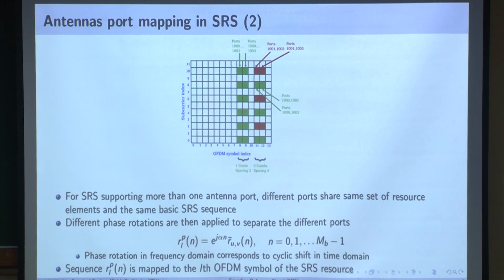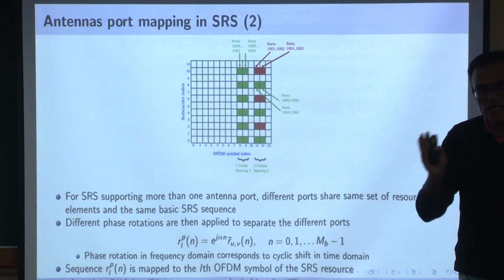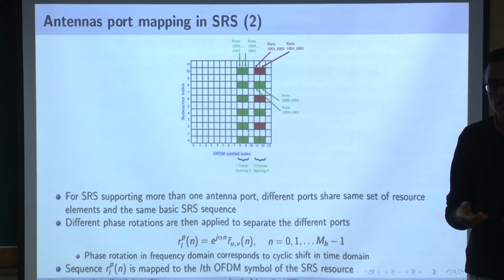Fine. So the sequence is what you have generated. What is the length of this? This is of length MB, and is mapped onto the Lth OFDM symbol of the SRS sequence. Now to recap, how have we generated these SRS sequences for a multi-port SRS design?